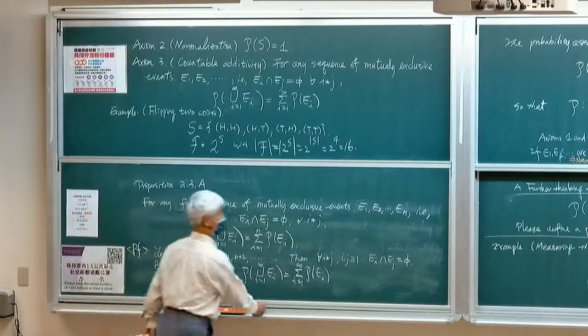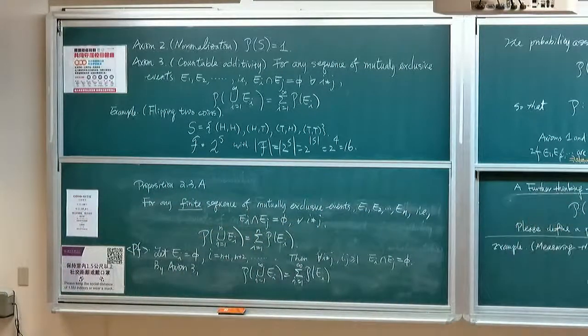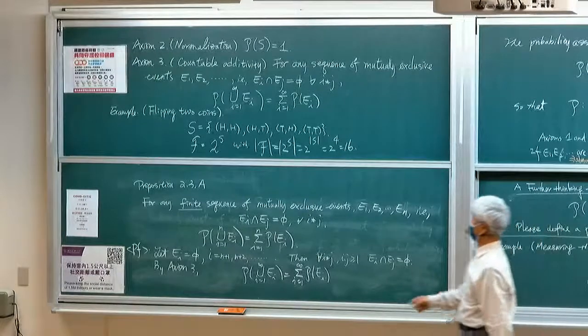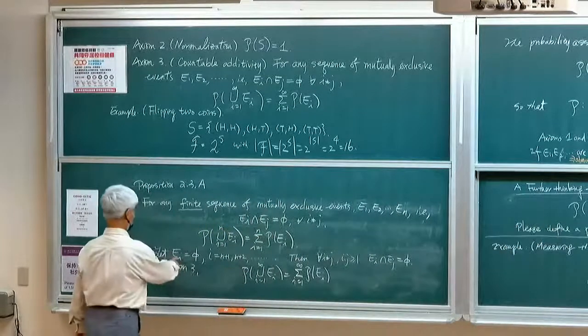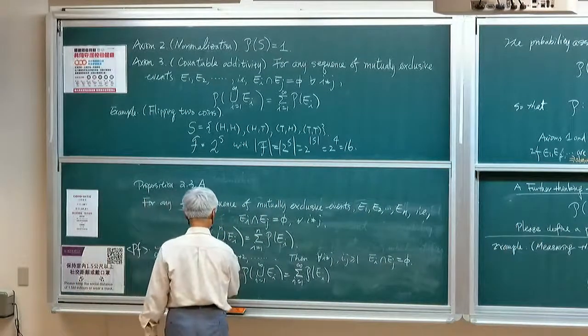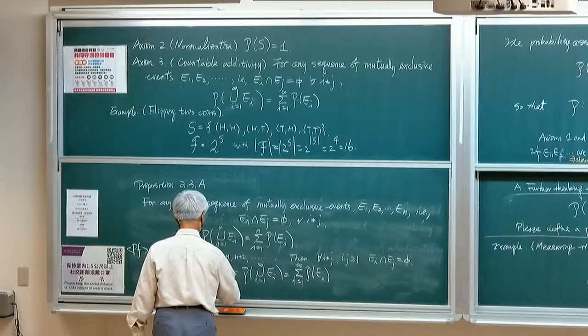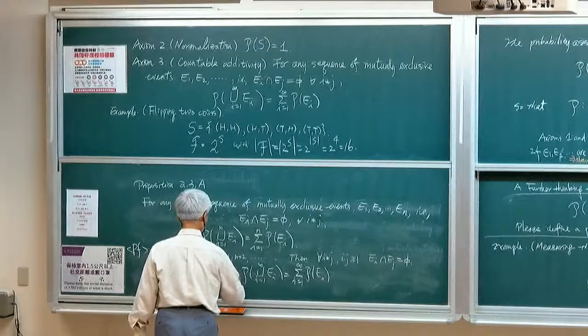But as we know, when i equals n plus 1 and beyond, Ei is empty, so this is the probability of the union i from 1 to n of Ei.